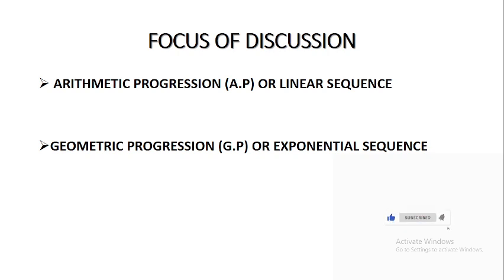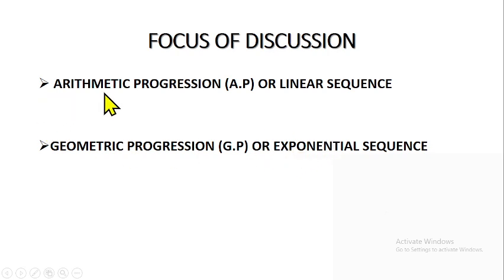We are going to focus our discussion on two types of sequence and series, which are arithmetic progression, also called linear sequence, and geometric progression, also called exponential sequence. So all our discussion in this lecture is based on arithmetic progression as one of the sequences, and geometric progression as the other sequence we are going to be talking about.